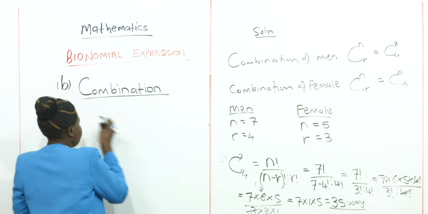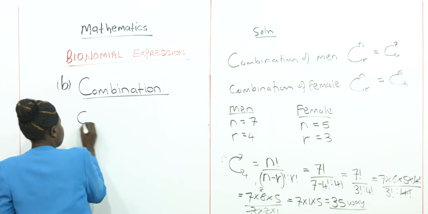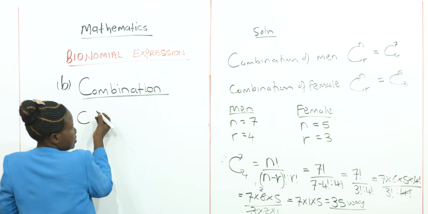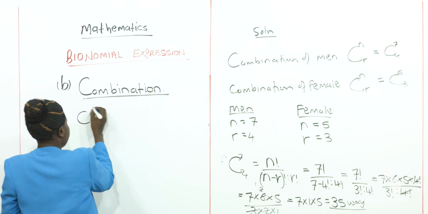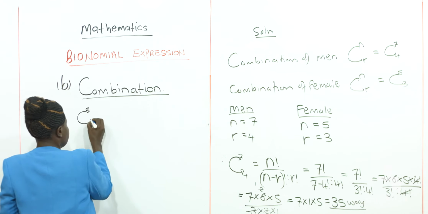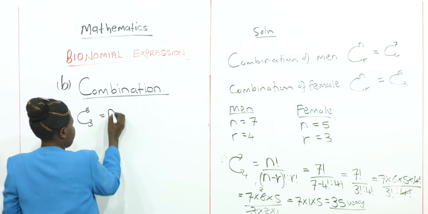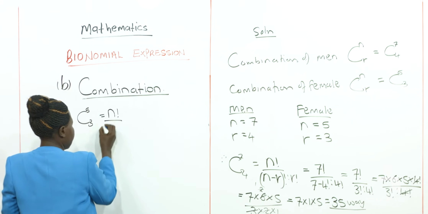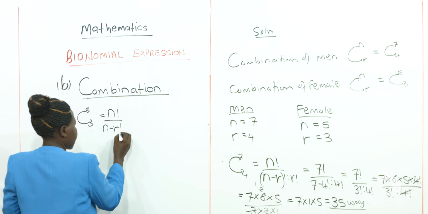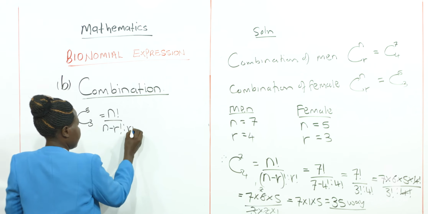So when we come to female, we have C raised to 5, base 3, which is the same as n factorial over n minus r factorial ratio to r factorial.